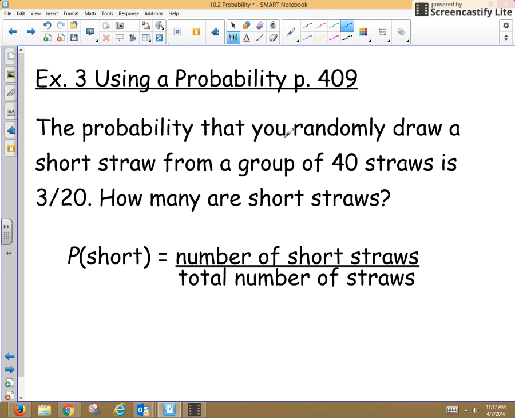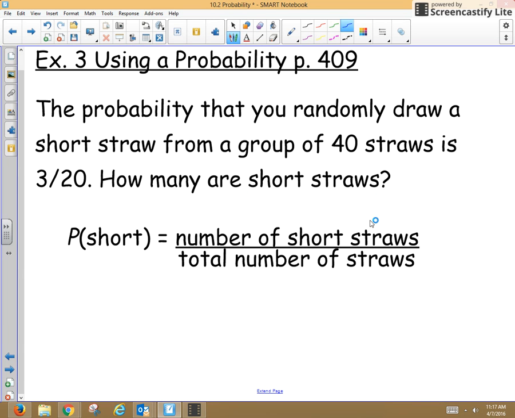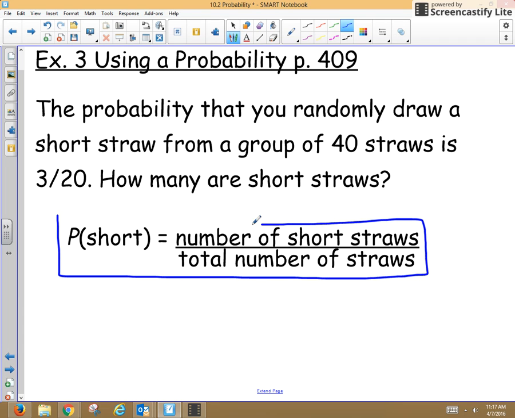Example 3 is using a probability, page 409. The probability that you randomly draw a short straw from a group of 40 straws is a 3 out of 20 chance. How many are short straws? So again, referring to our probability ratio that we have in this box, the event that we're looking for is a short straw.